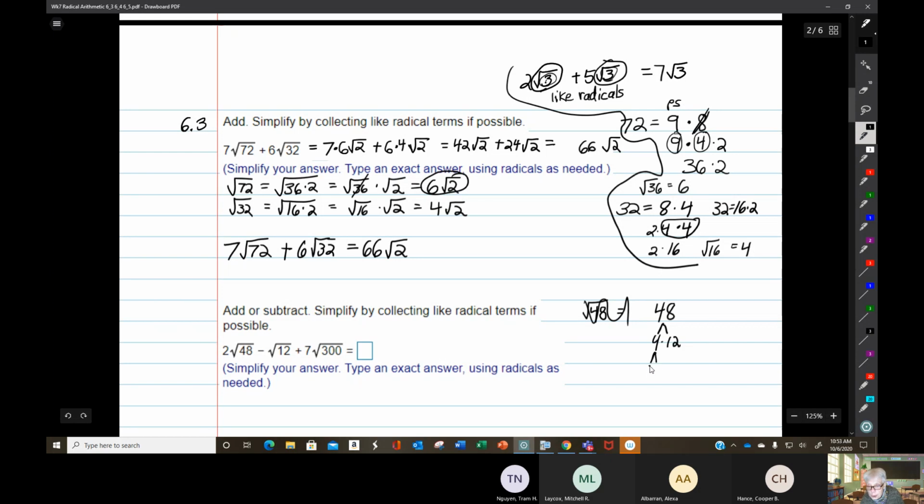4 is 2 times 2, and that's why it's a perfect square. 12 equals 4 times 3. And 4 is 2 times 2, which is why it's a perfect square. It's 2 squared. And in fact, a perfect square times a perfect square gives you a perfect square.